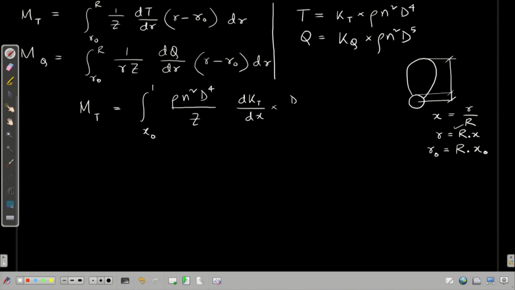Capital R is nothing but half of the propeller diameter. So, MT becomes, we will take the constant term out of the integration.